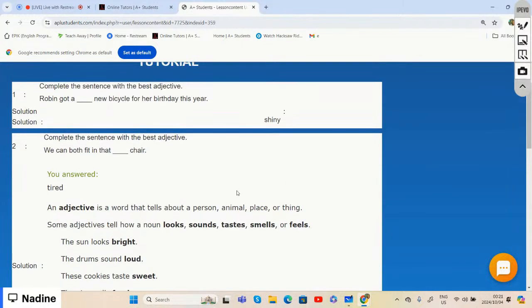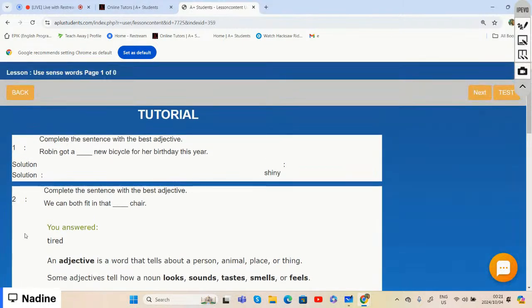All right. And now, if we look at our sentence, we're going to complete the sentence with the best adjective.